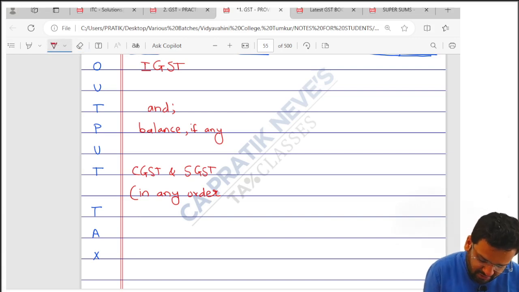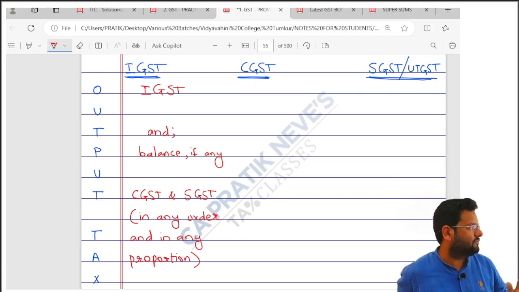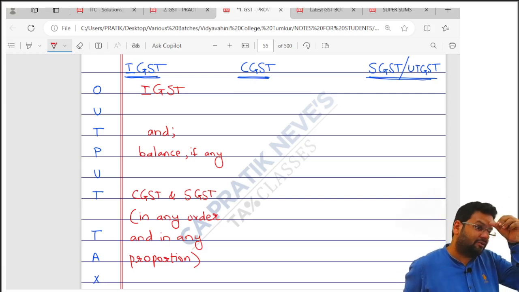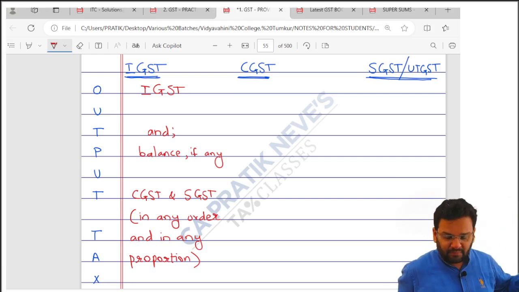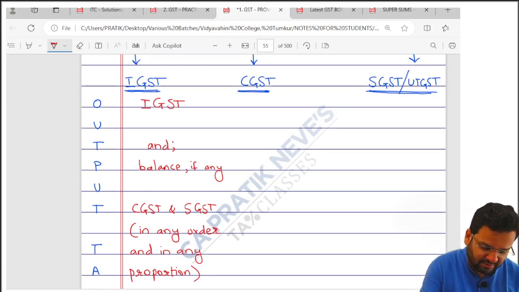So exhaust ITC of IGST first, and then and only then touch ITC of CGST.